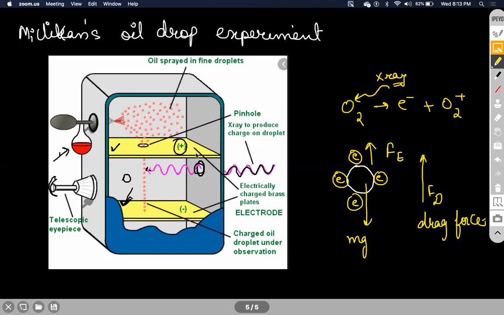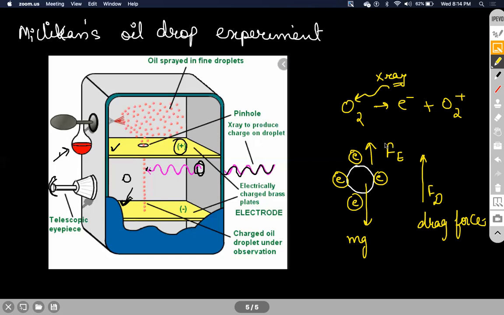Now guys, some oil droplets have one electron on them, so they will have a very small Fe if they have just one electron. Can you repeat what role oxygen and the other gas particles have to play in this? The gas will help in generating electrons in the presence of X-rays.